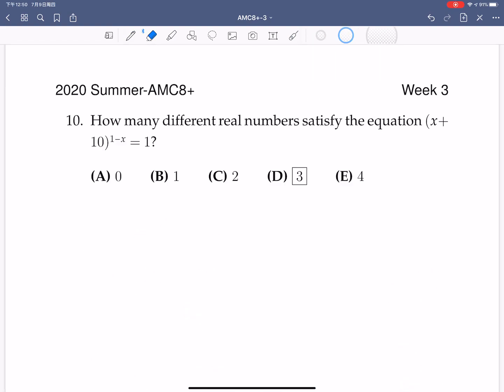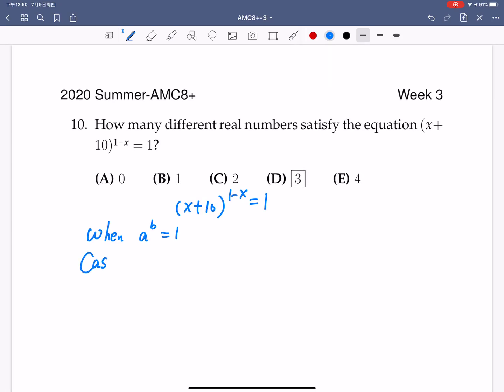Problem 10. How many different real numbers satisfy the equation (x+10) to the power of (1-x) equals 1? Let's think about the following question. So when a to the power b is equal to 1, there are three cases.